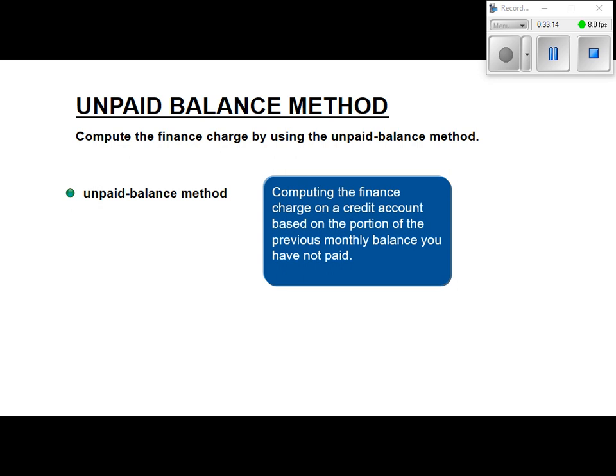With credit cards, one of the methods that they use to charge you interest is the unpaid balance method. They'll tell you on the credit card, and again, a lot of credit cards don't use this method anymore. They use what we're going to cover next time. But what they do is, you have a balance at a certain time.